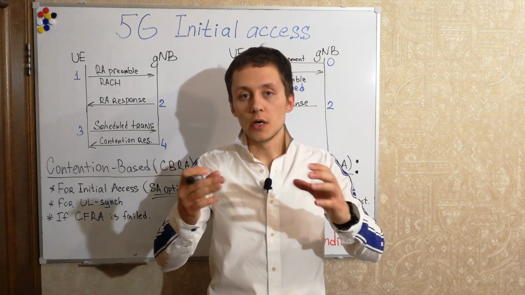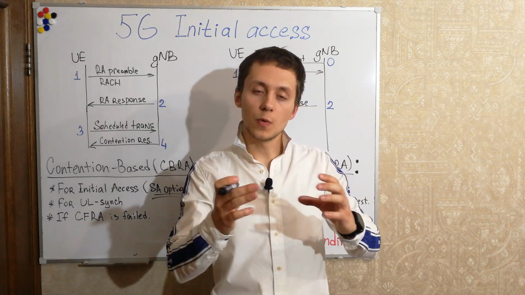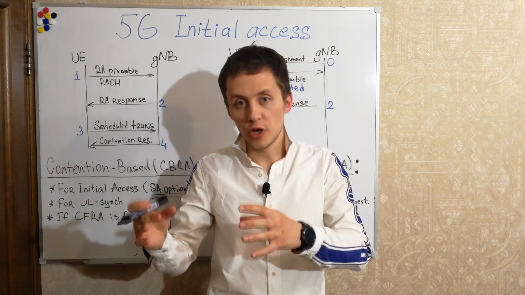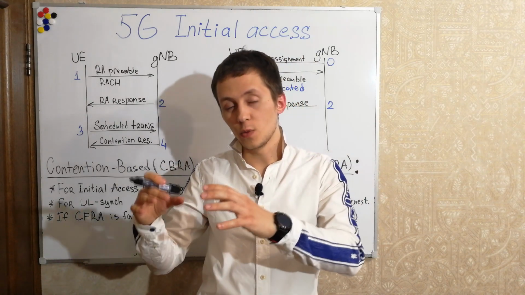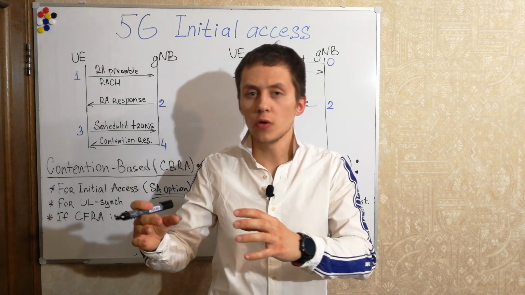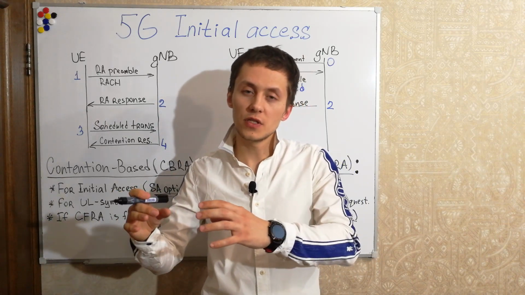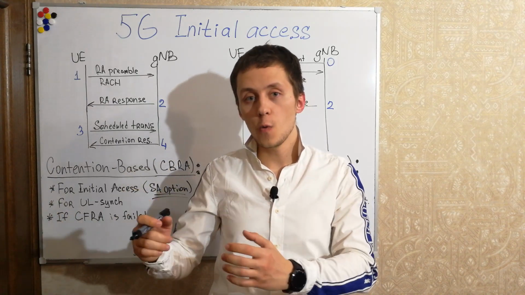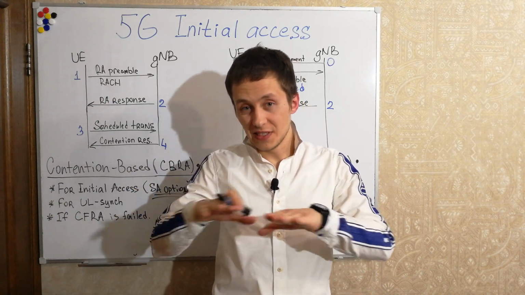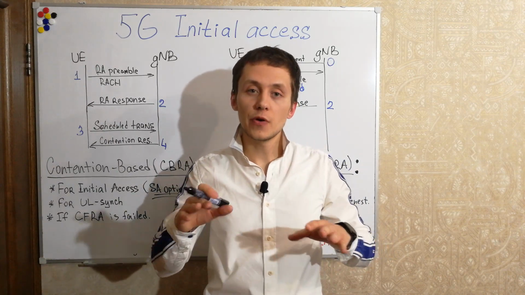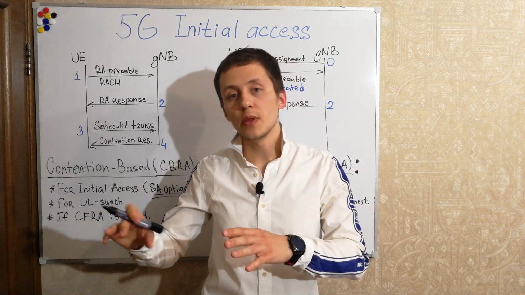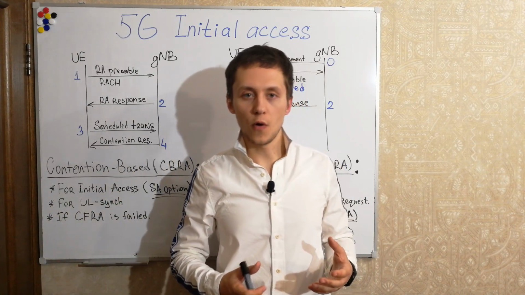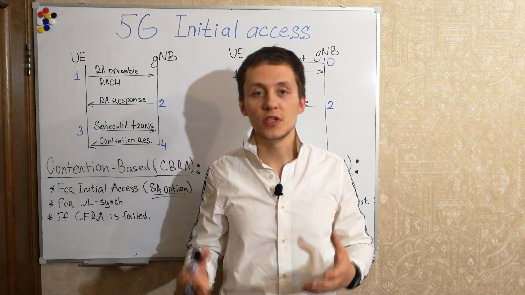Otherwise, user equipment would calculate a special threshold, and if the signal strength in the downlink direction is lower than this defined threshold, user equipment would use supplementary uplink in order to improve the probability of random access success.